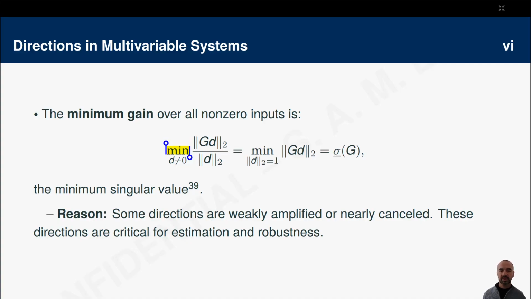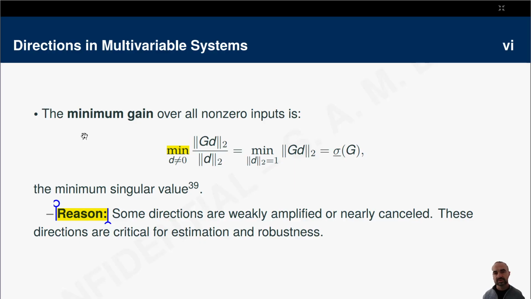It also matters for estimation, observability and sensing. And it also matters for identifying whether the system is ill-conditioned or not. We're going to go back to that again. So some directions are weakly amplified or nearly cancelled. These directions are critical for estimation and robustness.